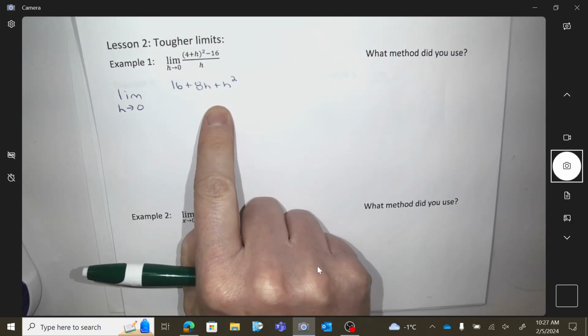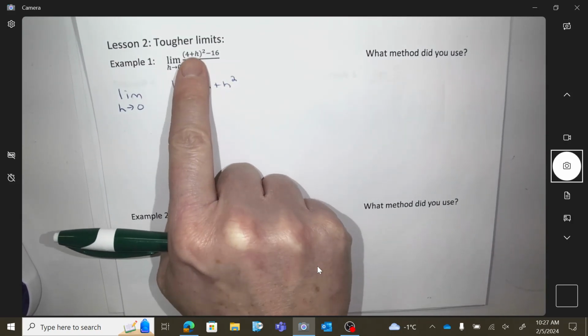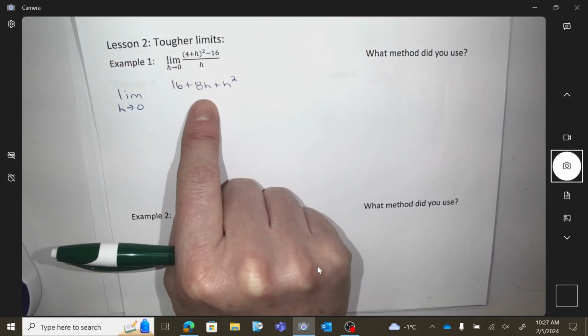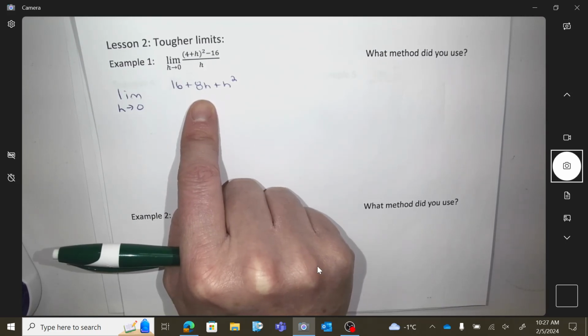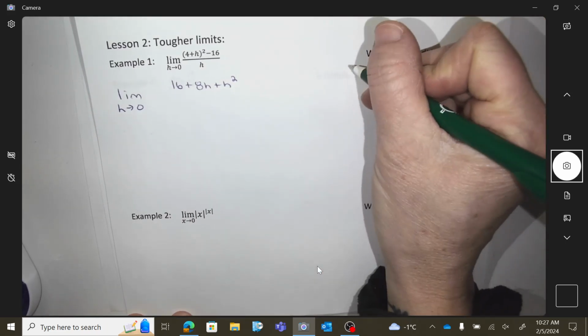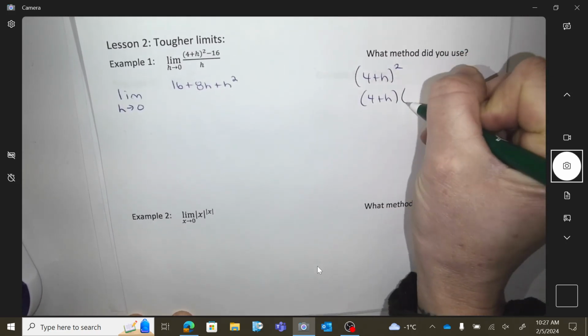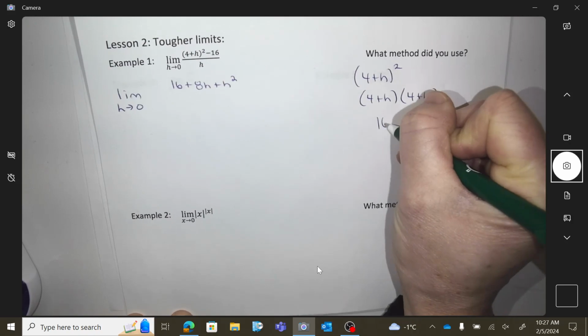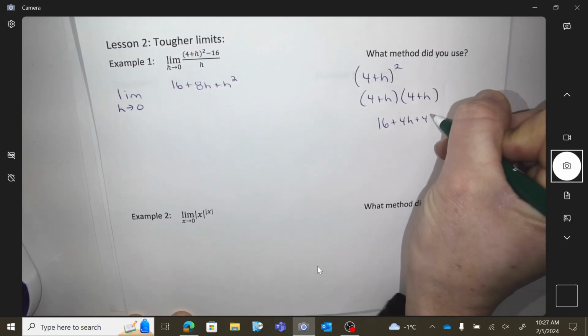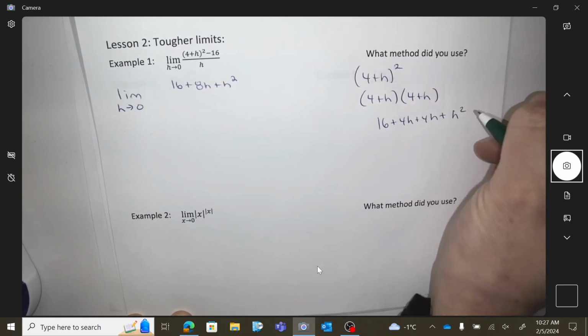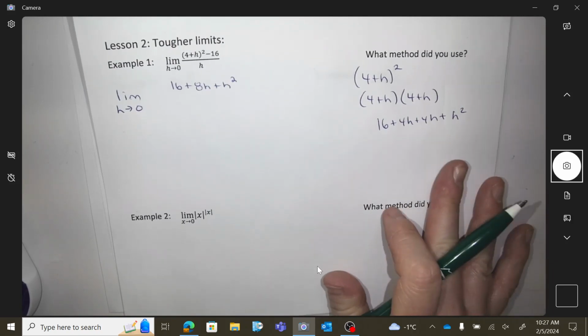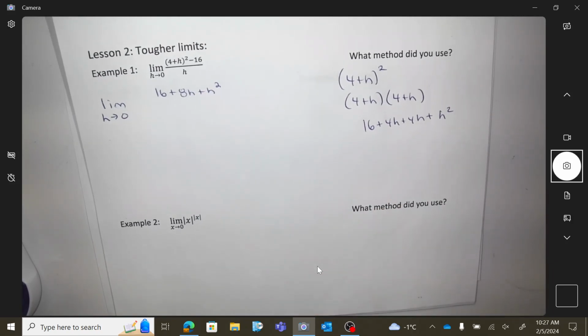Okay, can we do some squaring on this? Can you square that trinomial? Square that. Everyone's good? Where I got that from?